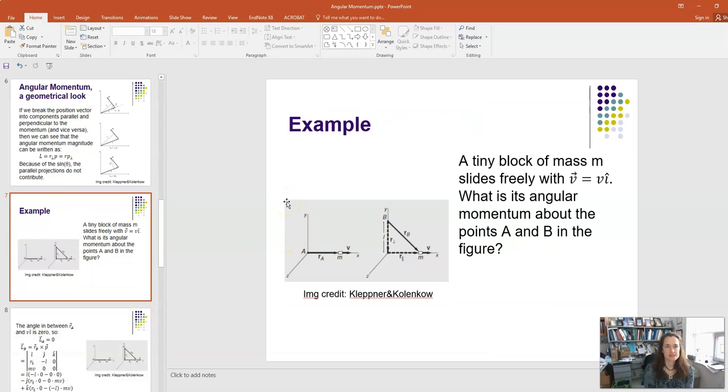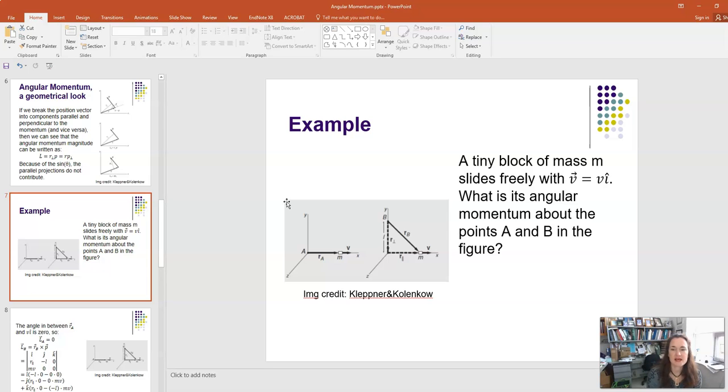All right, let's do an example problem. This one is from Kleppner and Kolenkow, and I borrowed one of their images there. You have a tiny block of mass m, and it's sliding freely along the x-axis. So it's traveling, say, to the right in the plus x direction, and its velocity can be written as some speed v times i hat.